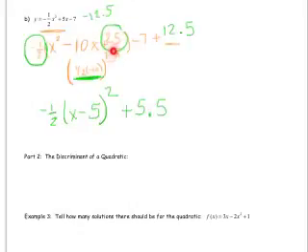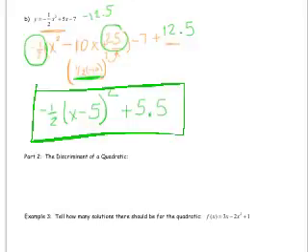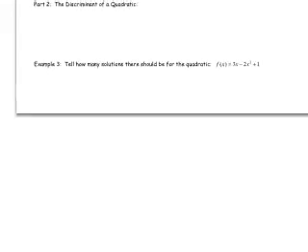This 25 is going to get multiplied times negative 1/2. So negative half times 25 is negative 12.5. I compensate negative 12.5 with positive 12.5. Okay, so this is our vertex form. Any questions? That's cool. Okay, let's go on.